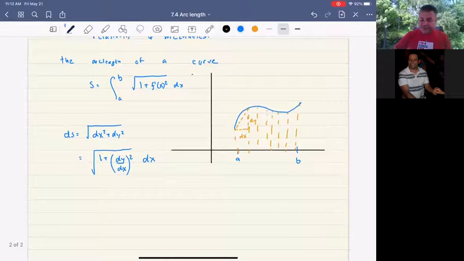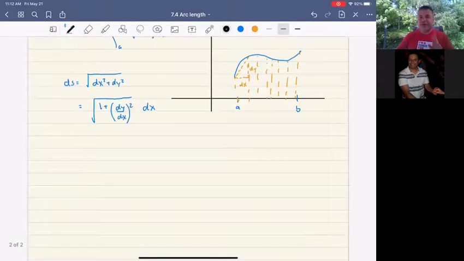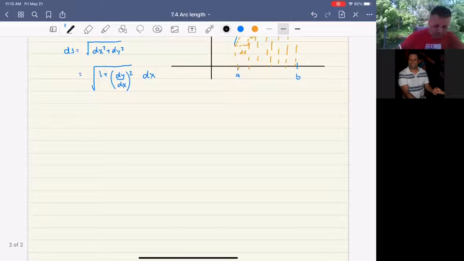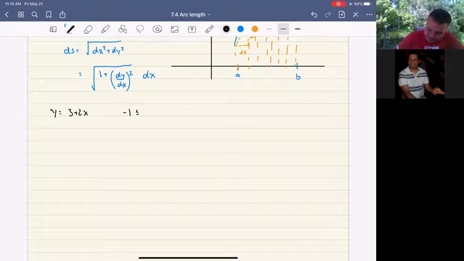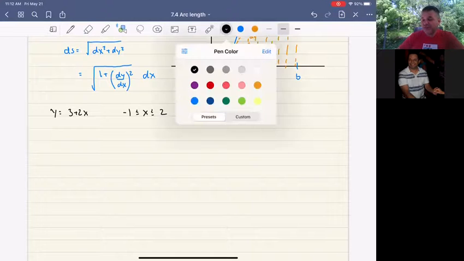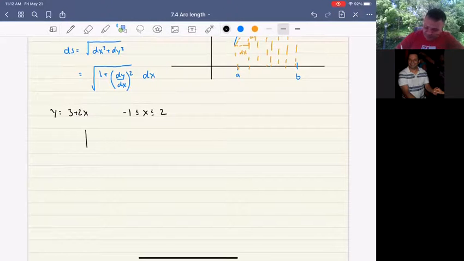All right, so let's go ahead and find some. So we're going to start with an easy one. Let's take y equals 3 plus 2x, negative 1 less than or equal to x, less than or equal to 2. Okay, and this one actually, we don't even need the formula.